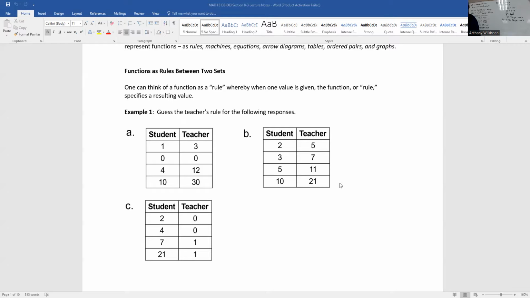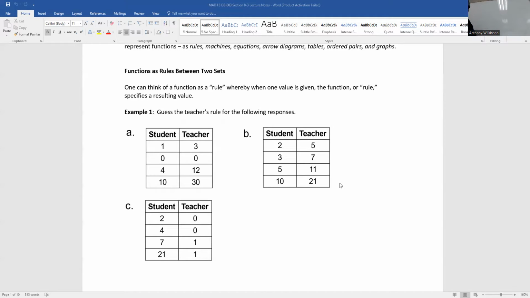Increases by 3. About 11. Oh, is it? Well, let's look at this one right here. That's a good rule. A table there.